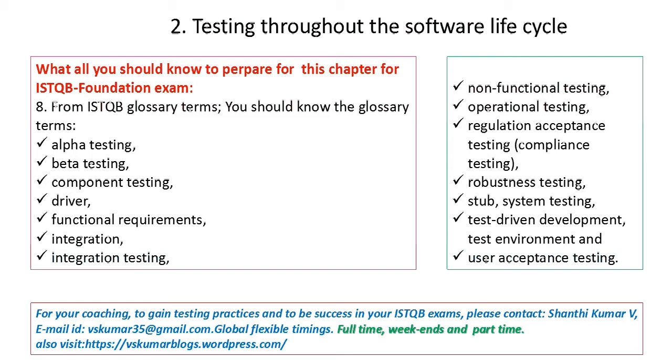It depends on the test environments. And user acceptance testing also can be considered. As we discussed, users will have business scenarios, and those business scenarios can be planned for UAT and for accepting the product for live environments.